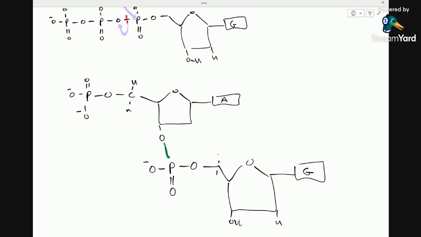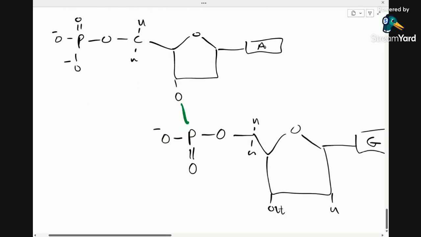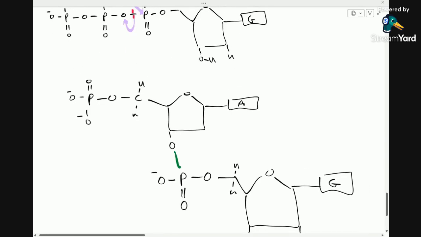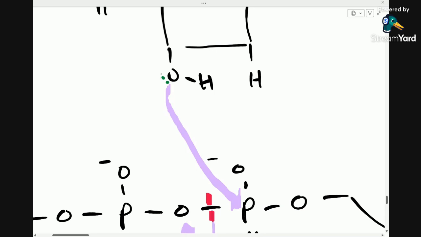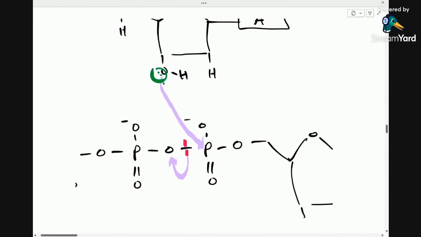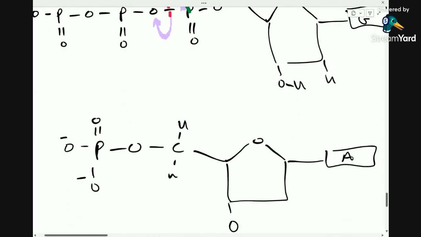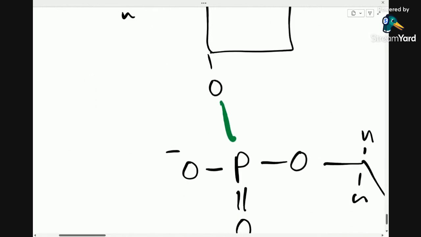That's a carbon with 2 hydrogens on it, don't forget, like that. So essentially that green bond is these 2 lone pairs of electrons here that have now formed a bond to that phosphorus, which is that bond there.